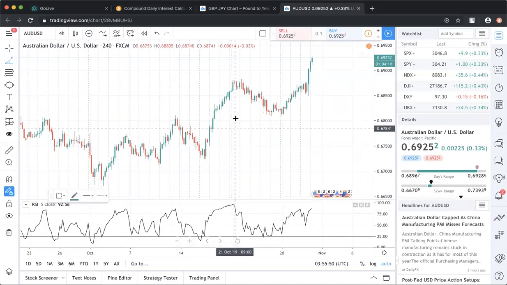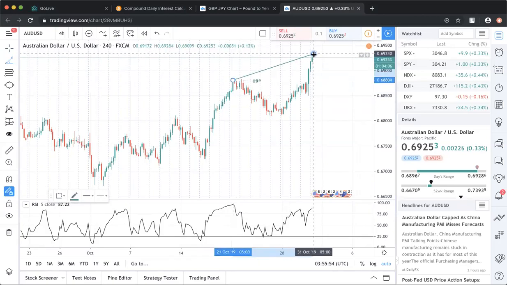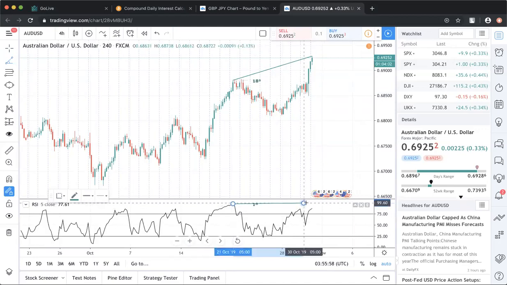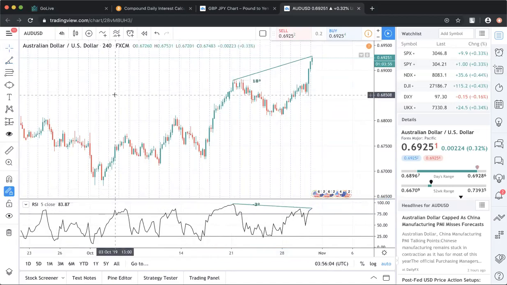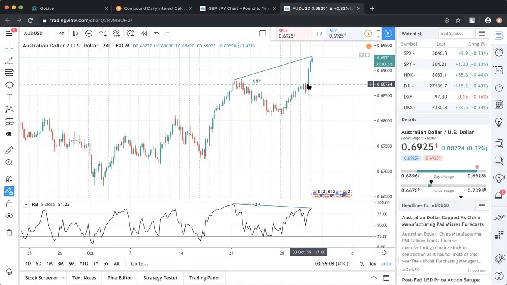So look at this. From this point right here, price is going up. But from here, the indicator is going down. So now we have bearish divergence. I wouldn't enter this trade just yet because we have a lot of bullish momentum. But as soon as it starts turning around, this could possibly be going down.